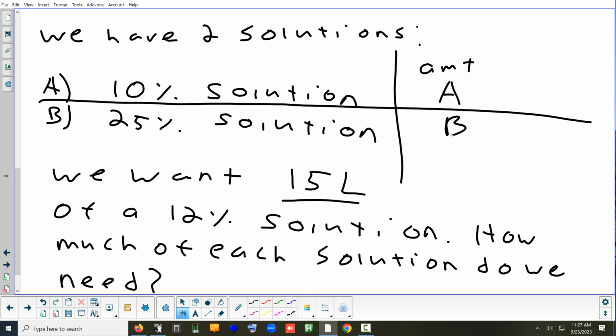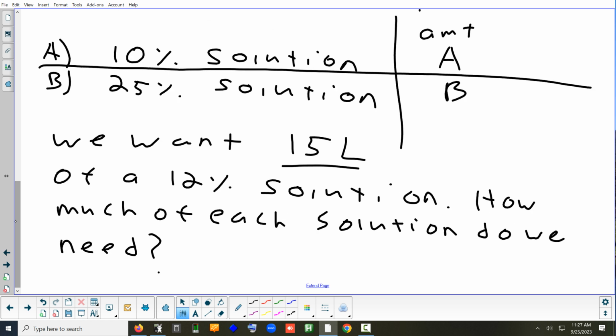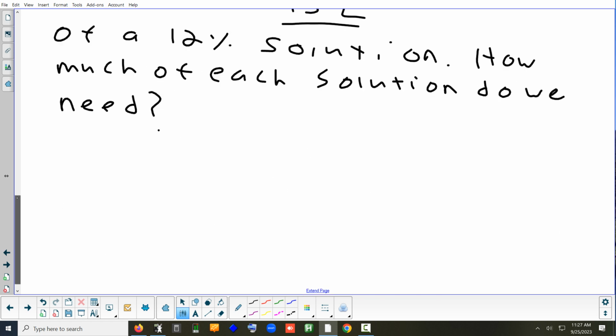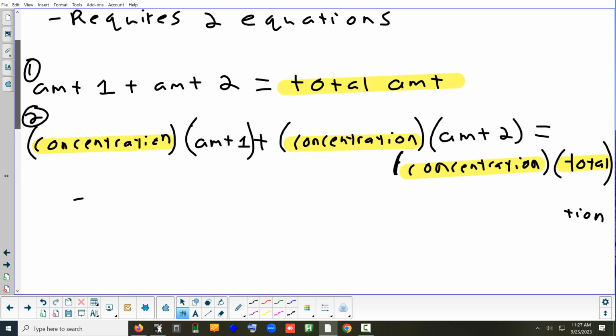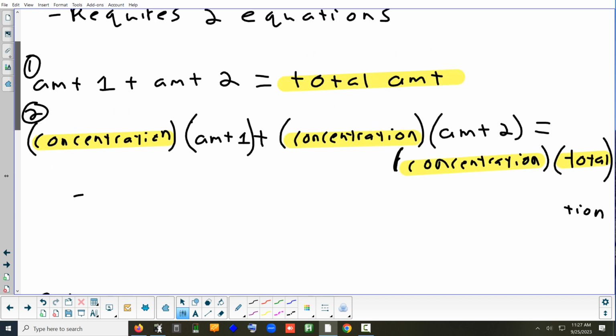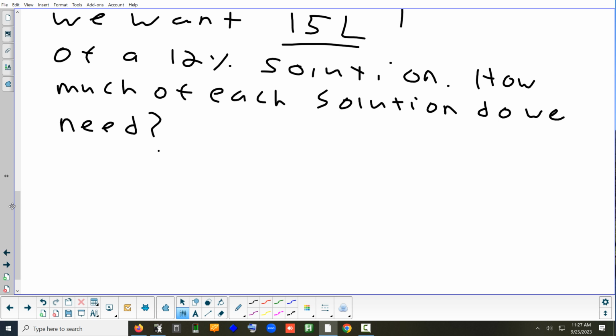Okay, so let's set up the two equations the way I showed you, and then we can see if there's a different way with the box method. The first equation represents the total amount: the amount of the first solution plus the second solution equals the total you want. What's the total that we want? We want 15 liters.